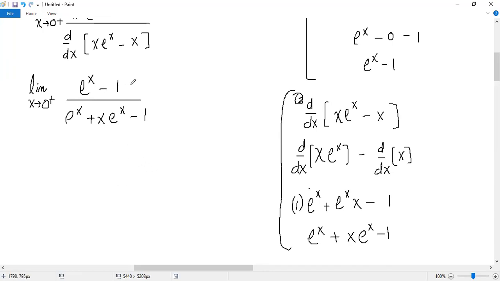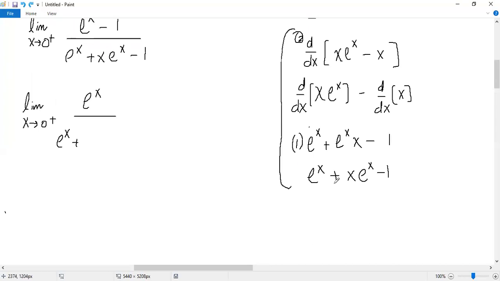So I have to take the derivative of the top and the bottom once again. If I take the derivative of the top, that's just e to the x. And then if I take the derivative of the bottom, I'll have e to the x plus, so now I have to find the derivative of x times e to the x, which I already did.